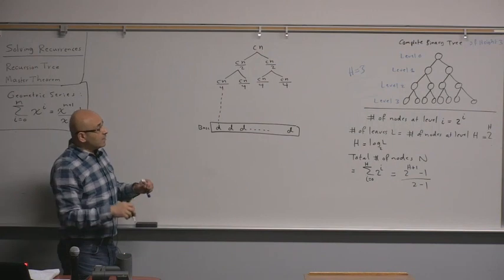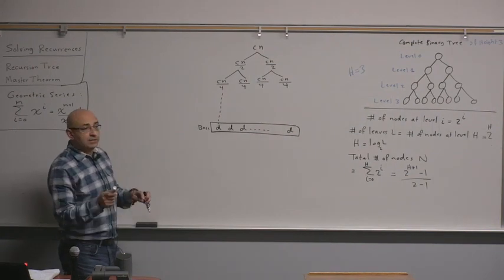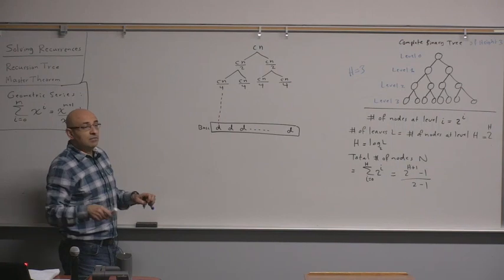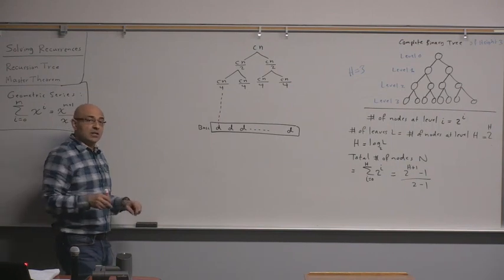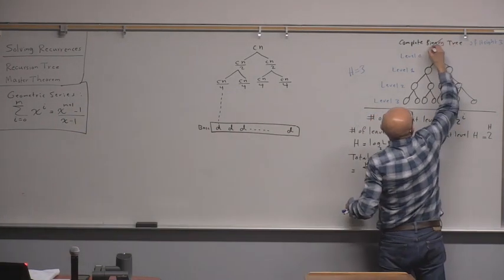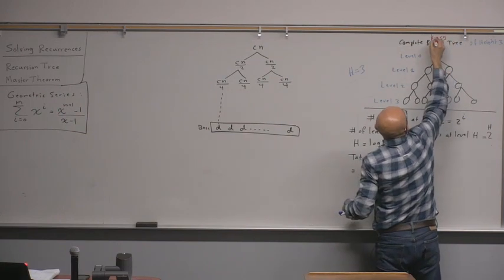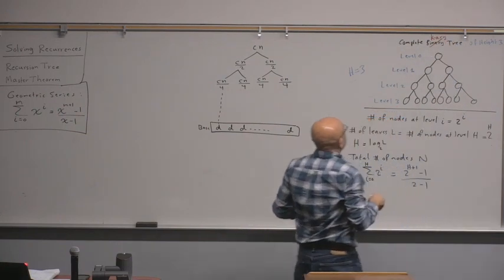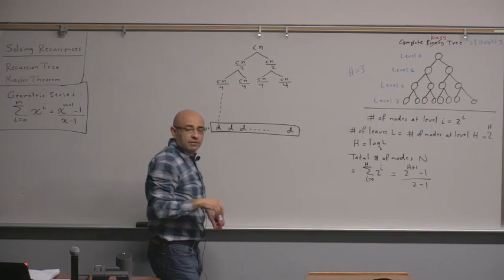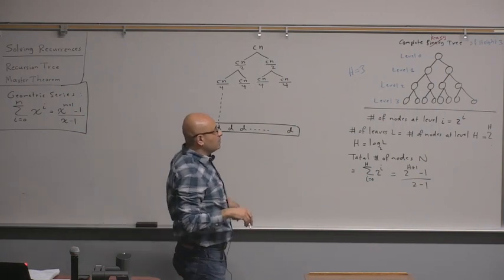Now this is for the complete binary tree, but you can generalize it to a k-ary tree, for a branching factor of k, not necessarily 2. You just substitute k for 2.